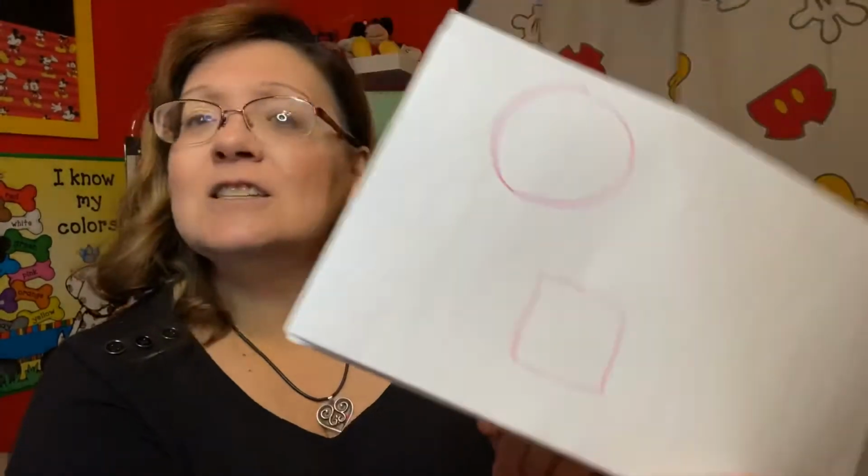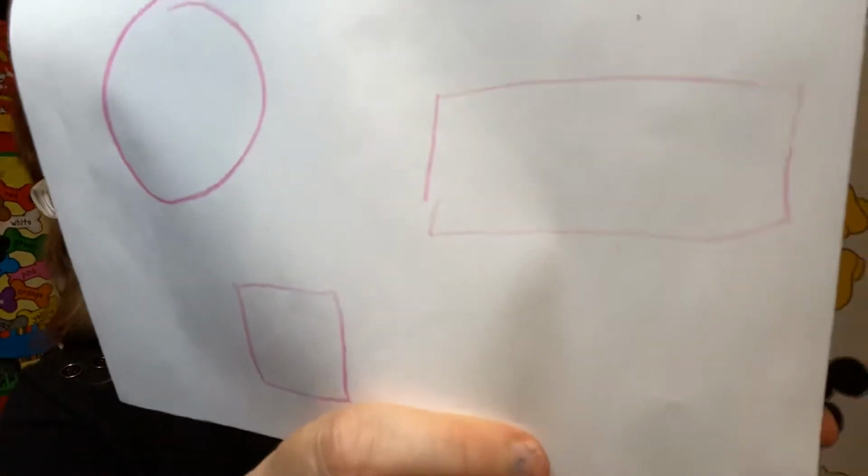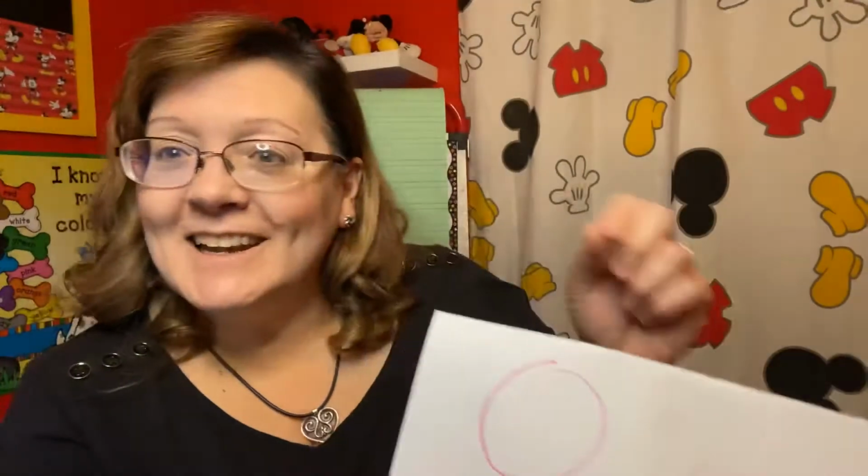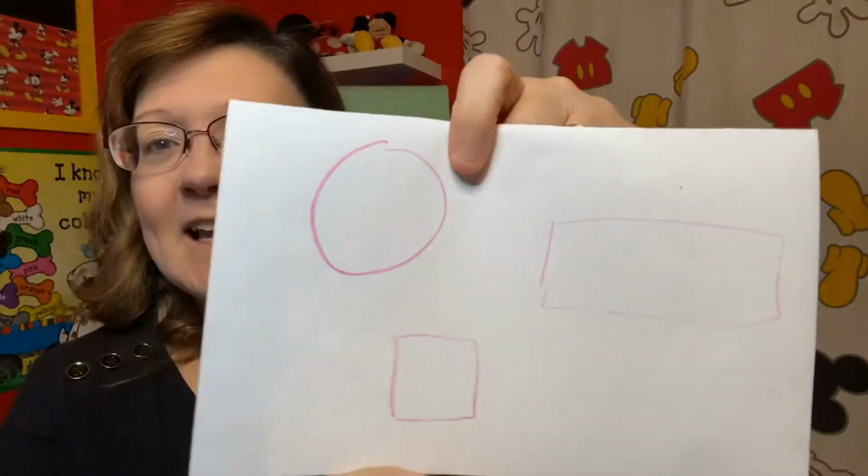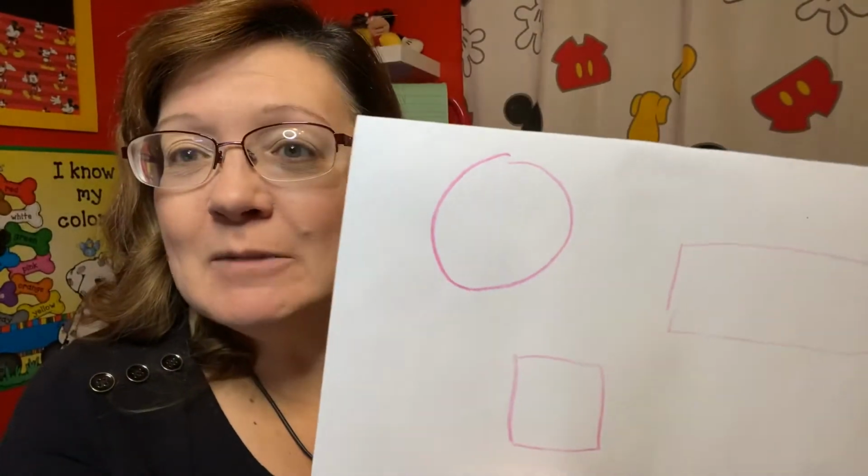What about this shape? Is that a triangle? No, what is that? A square. Very good. What about this one? What is that? Rectangle. Very good.